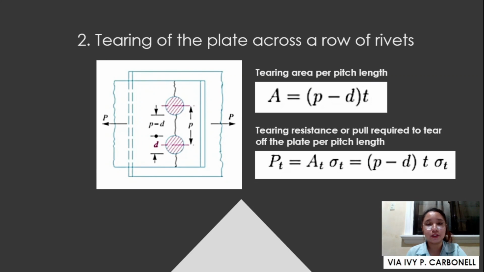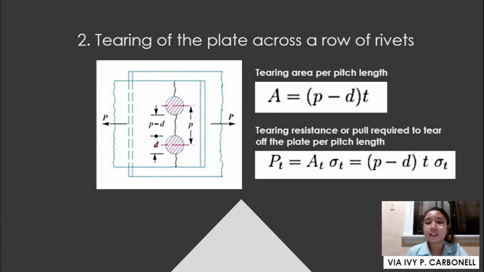The second one is the tearing of the plate across a row of rivets. We know that the tearing area per pitch length is equal to (p minus d) multiplied by the thickness, where p stands for the pitch, d for the diameter, and t for the thickness. The tearing resistance, or pull required to tear off the plate per pitch length, is computed using the formula tearing area multiplied by the tensile stress.